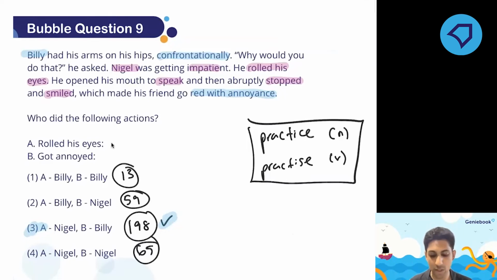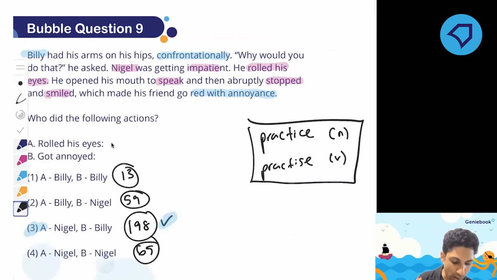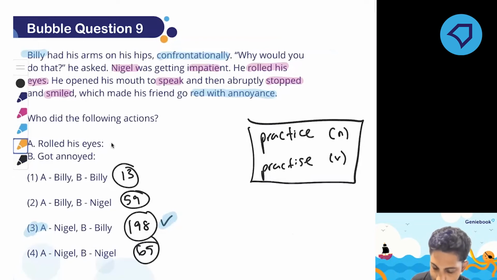All right, next question: practice versus practice. The one that ends with an ICE is the noun. That means this is a practice paper. Okay, or he had lots of practice, a noun. But if you have it with an ISE, it's a verb.